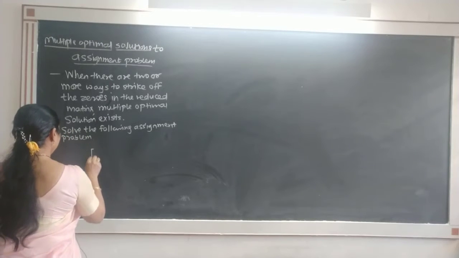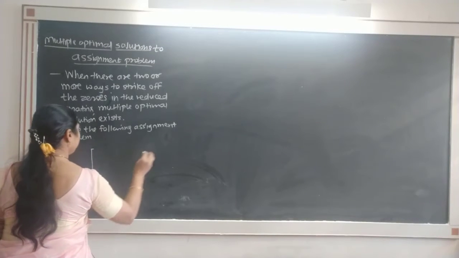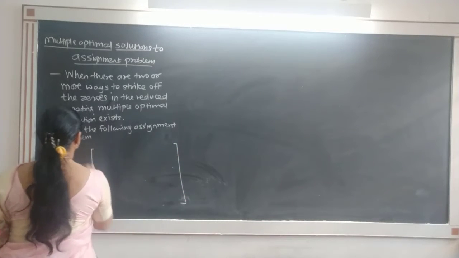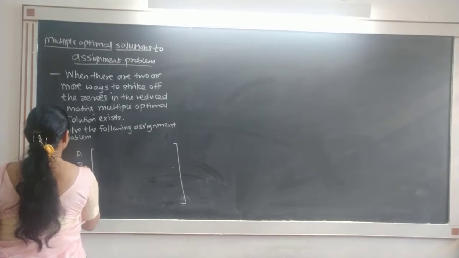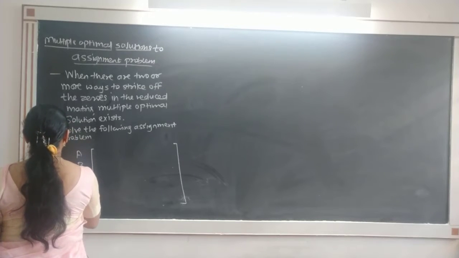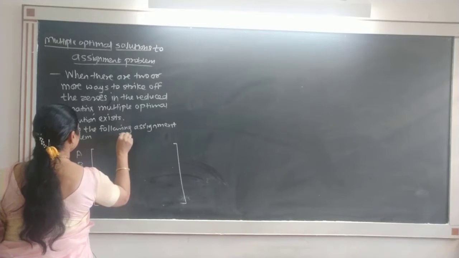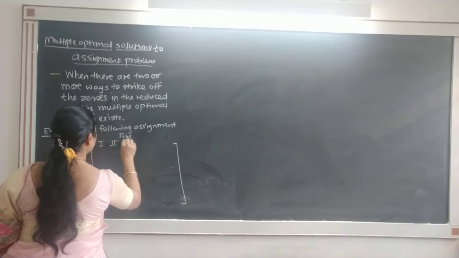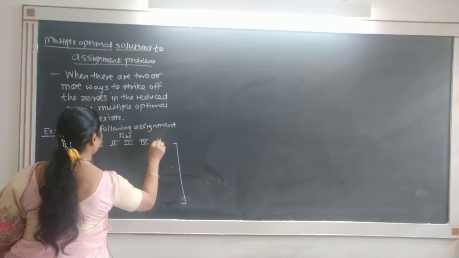There are 5 men A, B, C, D, E, and there are 5 jobs: first, second, third, fourth and fifth.